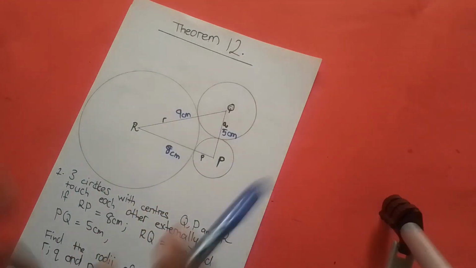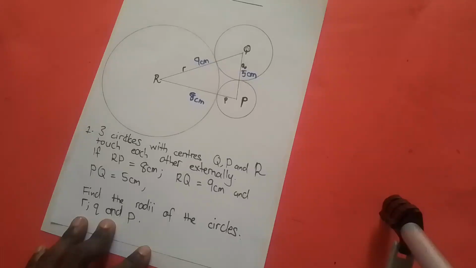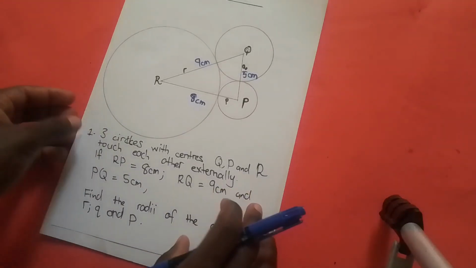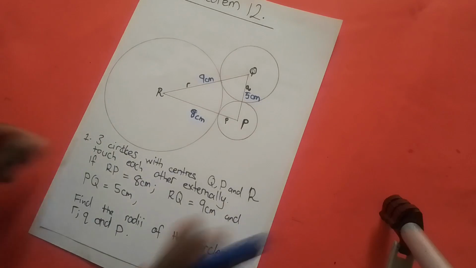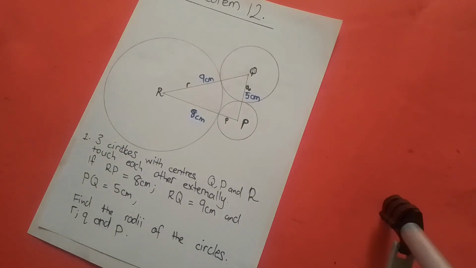Okay, so let's answer the question now. I'm going to require you to pay acute attention, because this could be tricky. The question wants us to find the radius of each and every circle, and from the point of contact to the center, that's the radius.